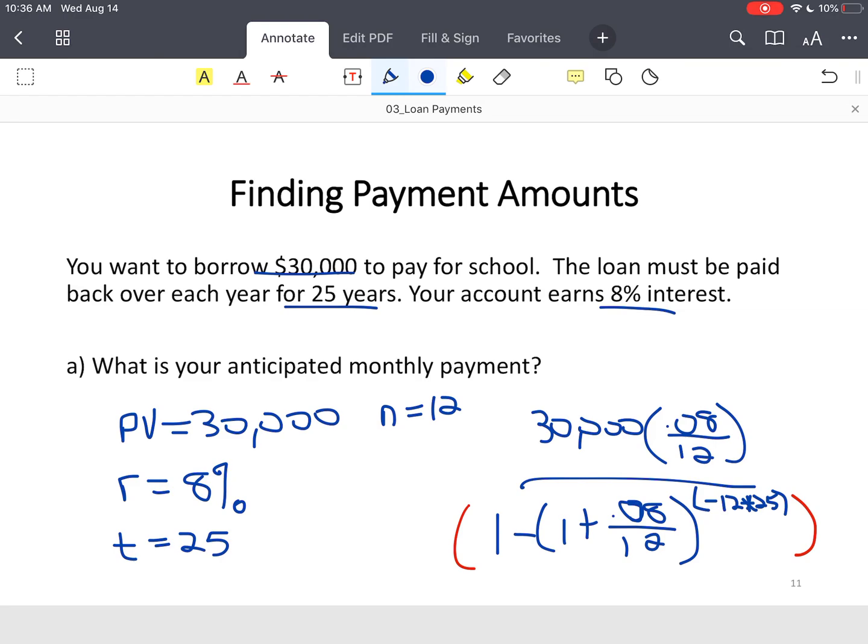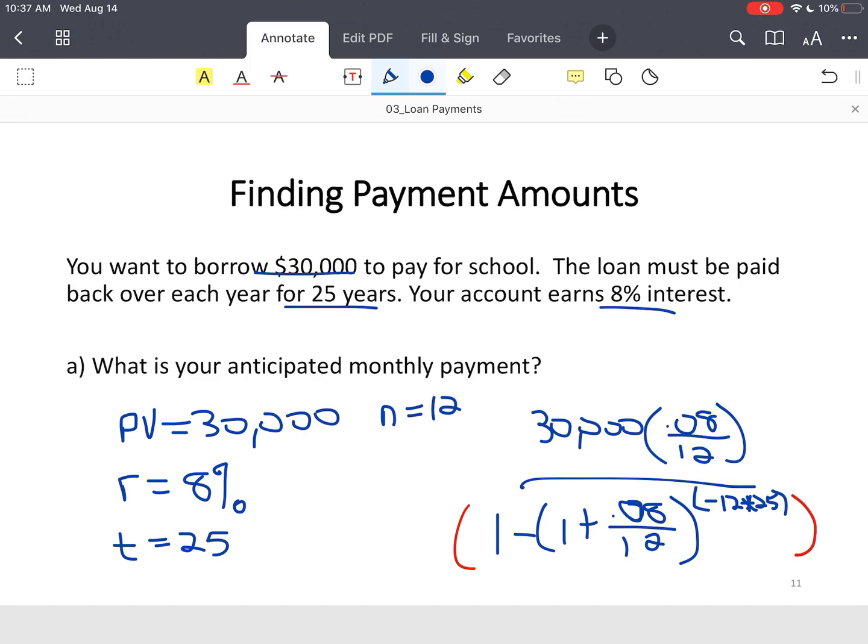All right, so take your calculators and just type your values in. So 30,000, 0.08 divided by 12. Denominator is 1 minus 1 plus 0.08 divided by 12, all raised to, make sure again that you keep that negative in there, negative 12 times 25.